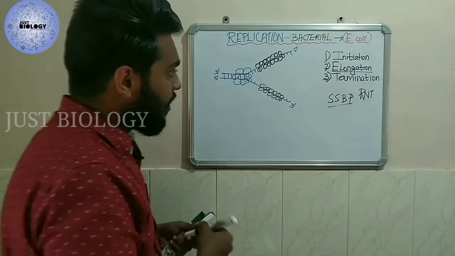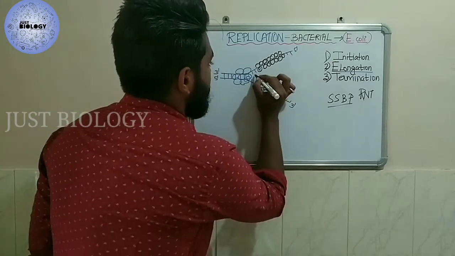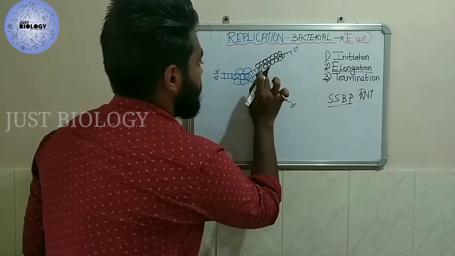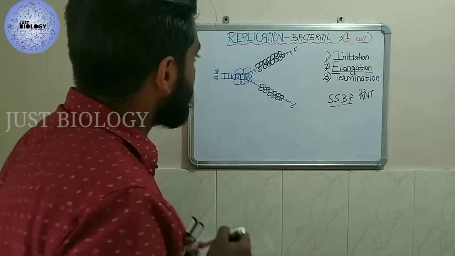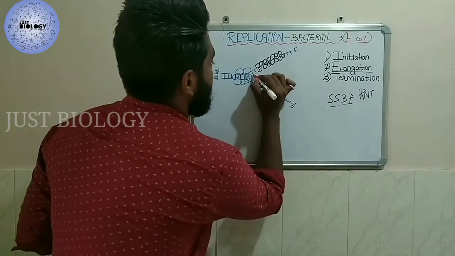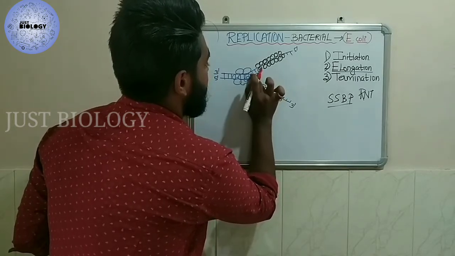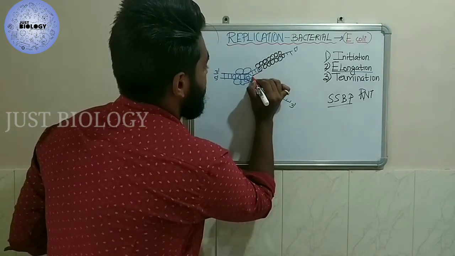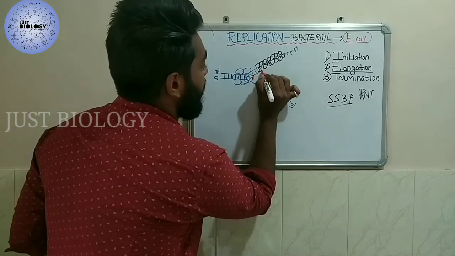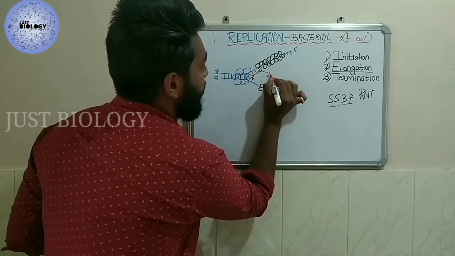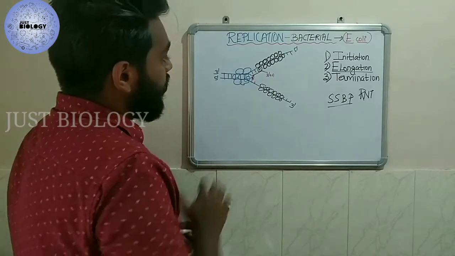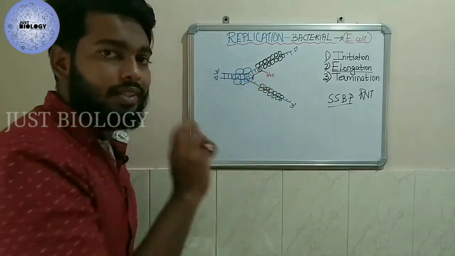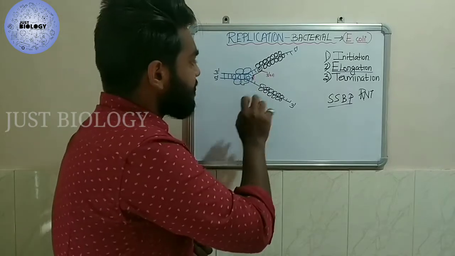This is the primer. This is the 5' end, and here you can see the 3' OH. This is the primer which is attached to one of the strands.